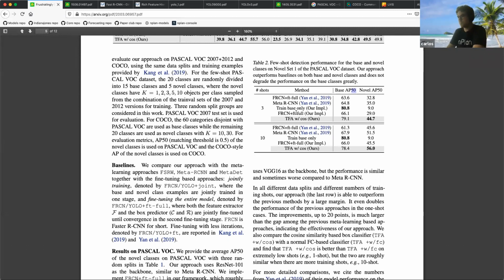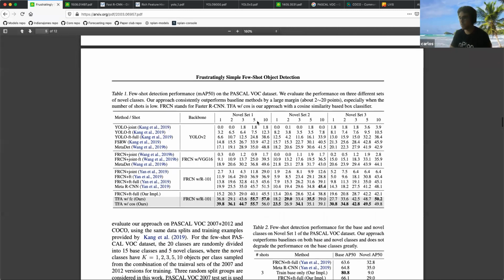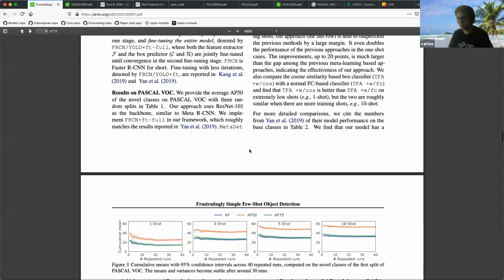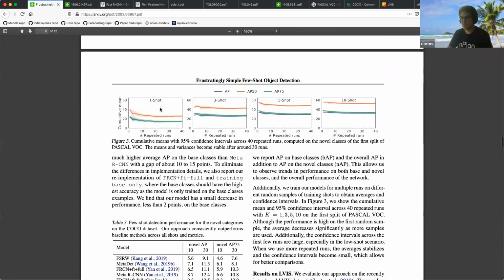So in a nutshell, it is an interesting method to identify objects in a few-shot environment. They also show that their method is very consistent.